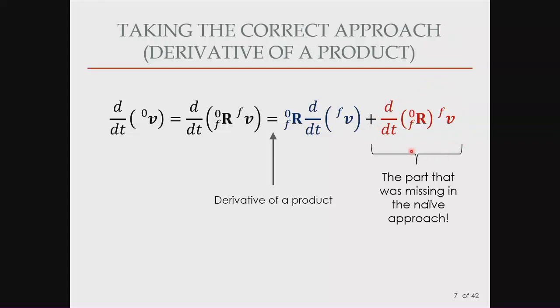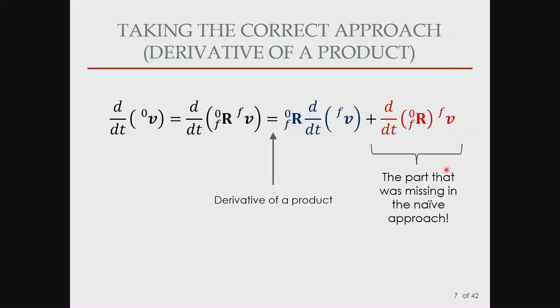We didn't take into account the rotation matrix from 1 to 0 changing with time, because it does have some sines and cosines of theta hidden in it. What we did do is just this part. We took the derivative of r from AB expressed in frame 1 directly. So we ignored the change over time of frame 1 itself. So in order to not ignore it, we will need to add this part.